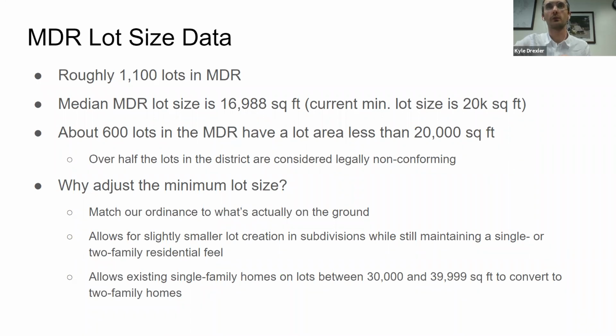This change would reduce it to 15,000 square feet. So it's not the overlay district that we were just talking about, which talks about allowing for 7,500 square foot lots. I'm not talking about going that small. It's still a fairly substantial lot at 15,000 square feet.